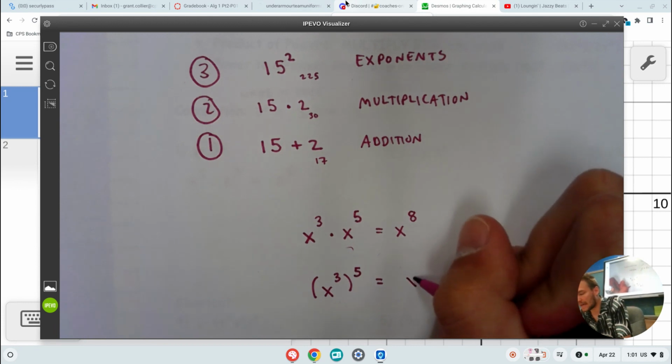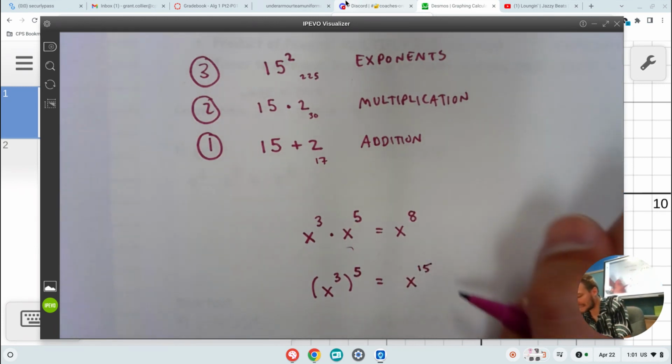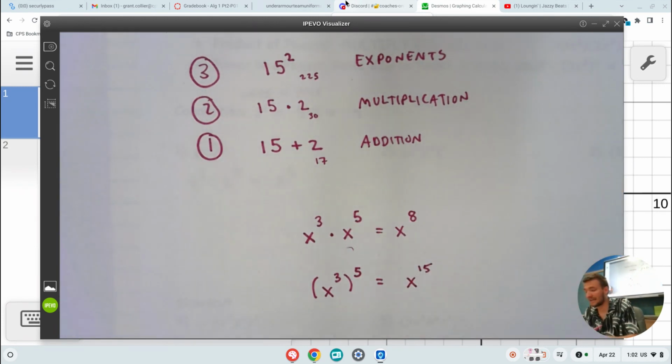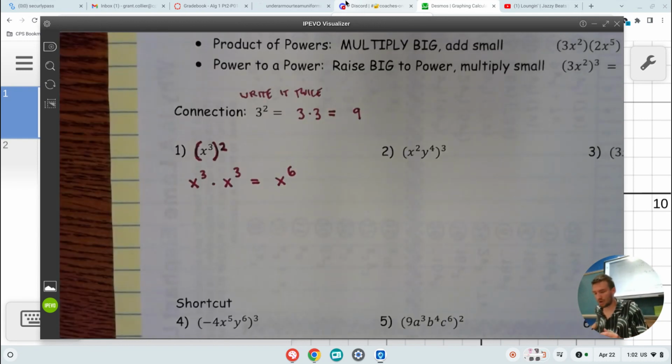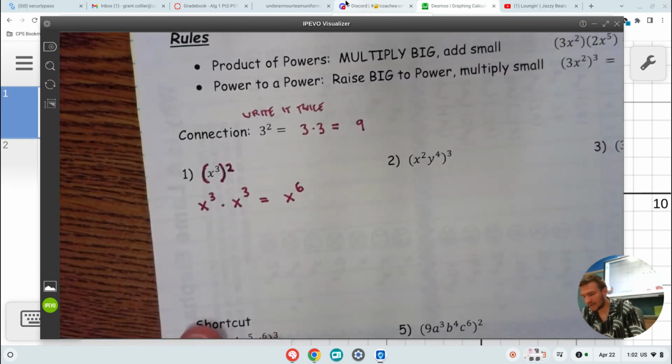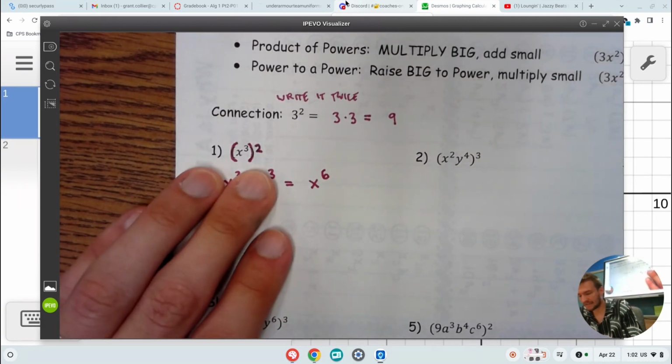This is going to be x to the power of 15. It's not going to be 3 to the 5th power, which would be a very big number, 243 or something like that. You're just going to multiply these. So whenever you're working with letters, you get downgraded 1 level. So now we're back here, and that kind of makes sense, right?